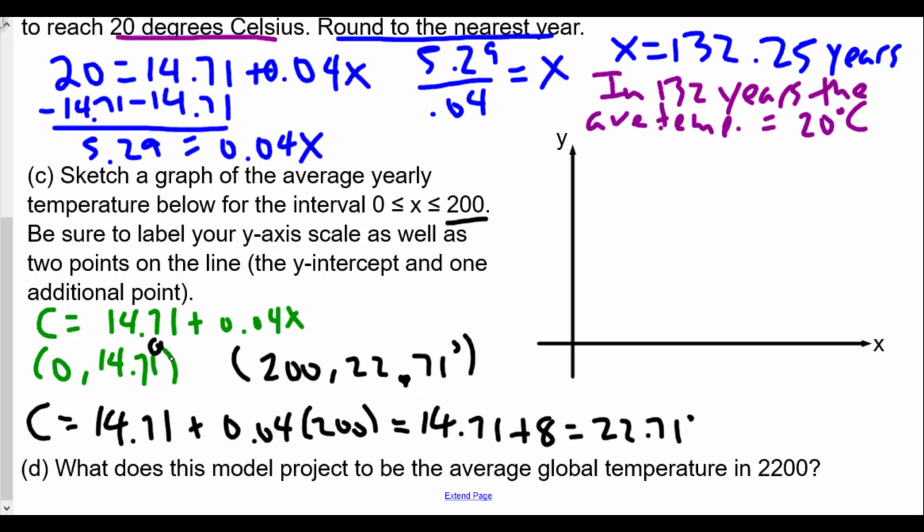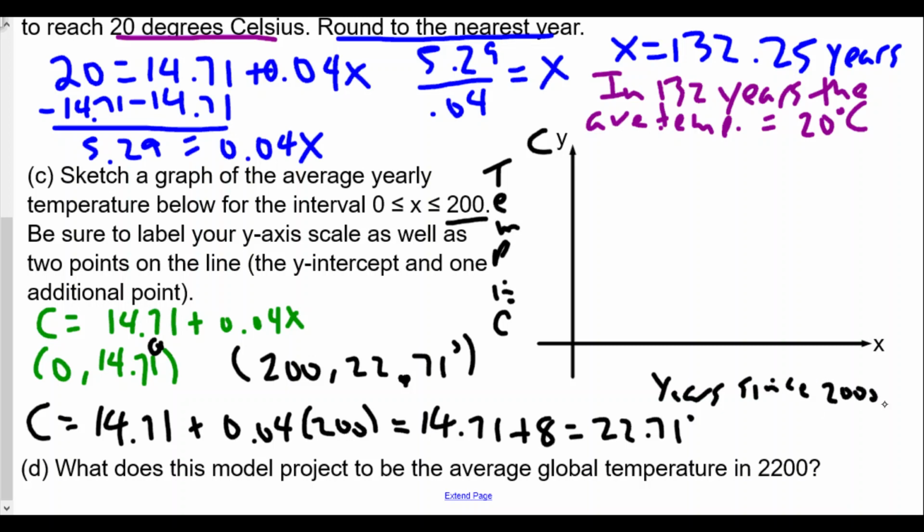Okay, degrees. And so now our y-axis really is going to be C, our temperature, and x is number of years. So in this case, you have temperature in Celsius degrees. And here x is in years, years since 2000.